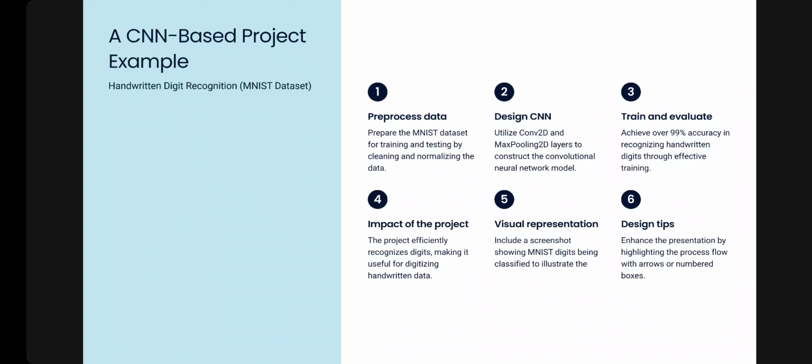So okay, let's take handwriting digit recognition as a project, where we'll be training and testing different handwritings of various people, and we'll be categorizing that using Conv2D and Pooling2D layers to construct a CNN model.